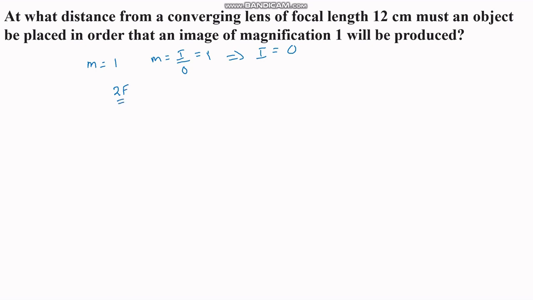When the object is at 2F, the image is also formed at 2F. So your F over here is 12 centimeter. So the object should be placed where? At 2 into 12 equal to 24 centimeter. So this is one way of doing it.